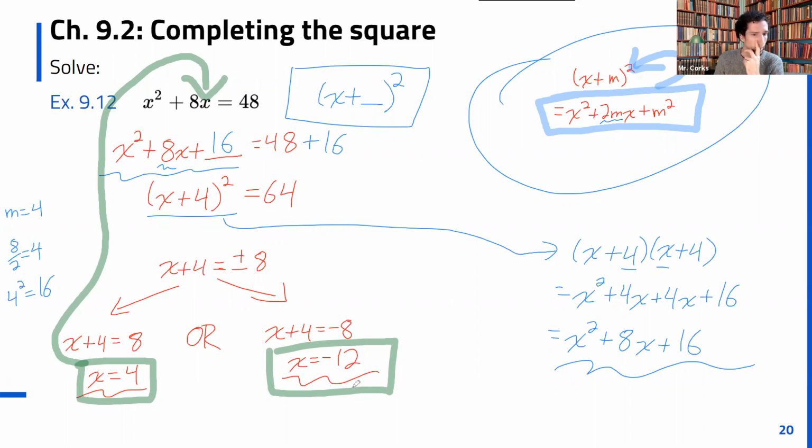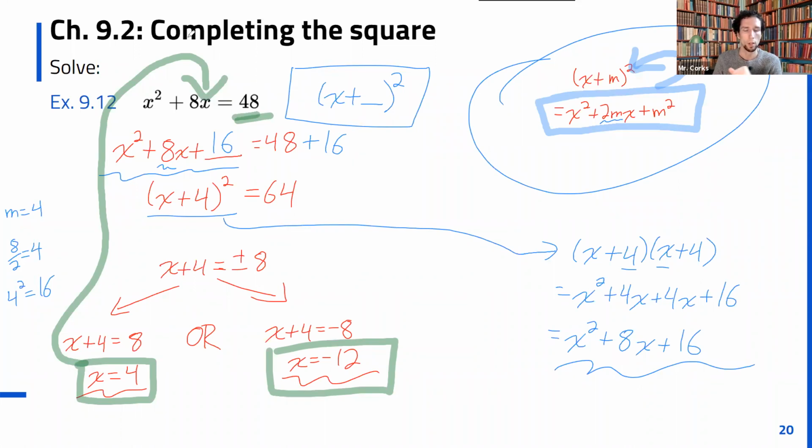That works. Negative 12 squared is equal to 144, and negative 12 times 8 is 96. Yes, so 144 minus 96 is 48. So yes, it works.